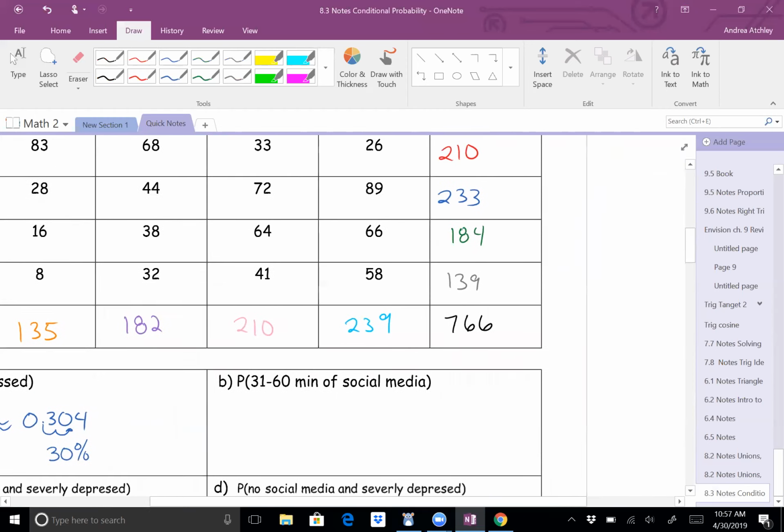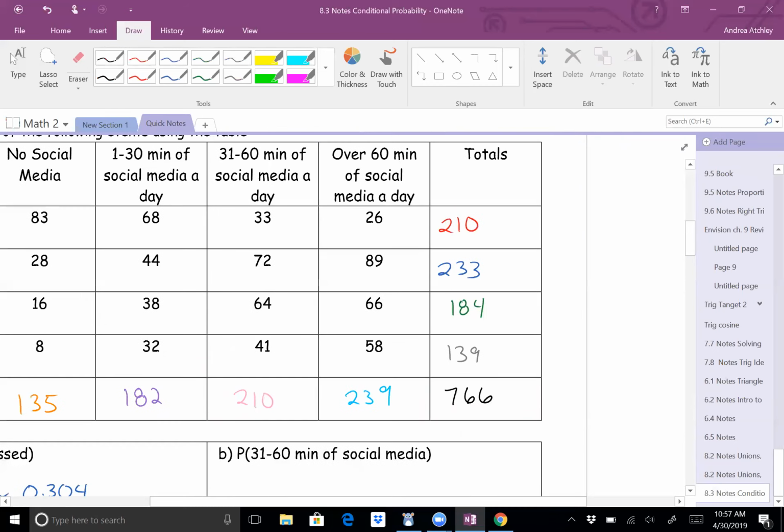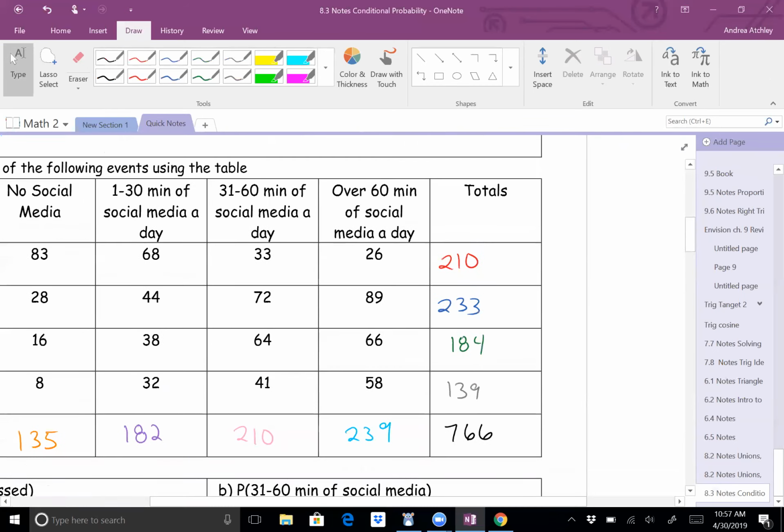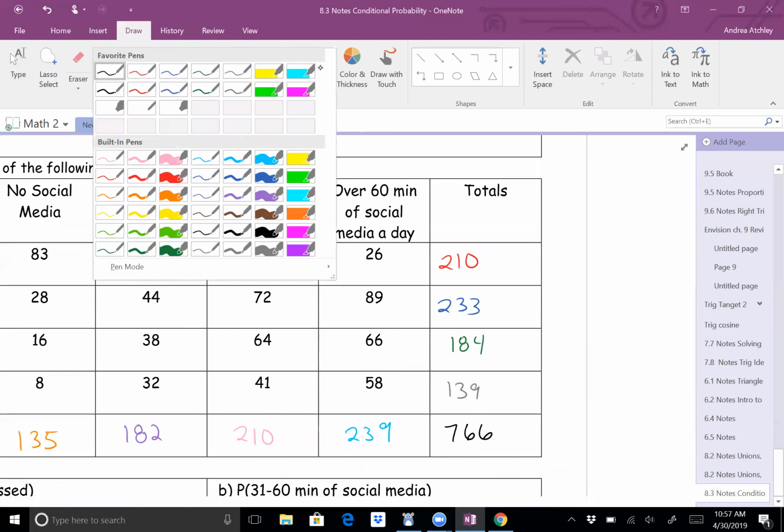Then the next one is what's the probability of me choosing a random person that spends 31 to 60 minutes on social media a day? I'm still working with everybody, 766. Then I just go to that column, this column right here, and there's 210 people.